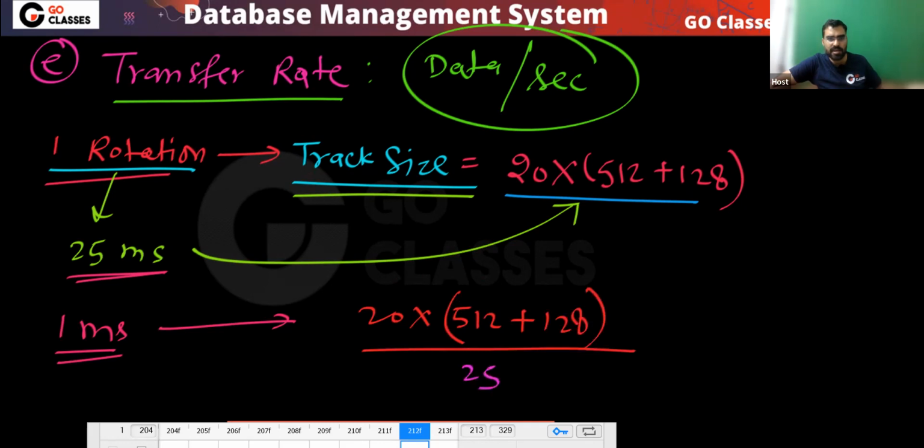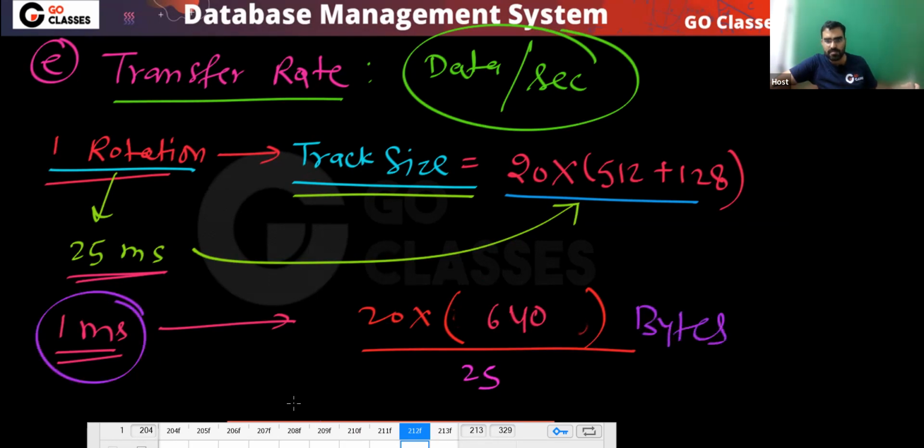That will be this divided by this. So you can call it 512 plus 128. What is this total? This is 640. So in 1 millisecond, you can transfer these many bytes.